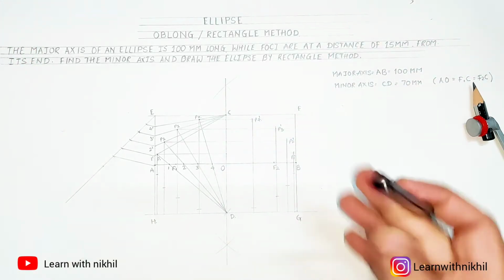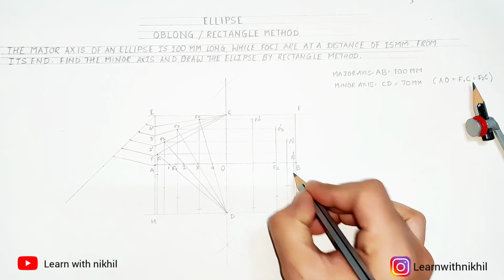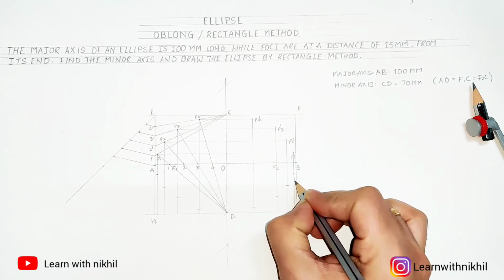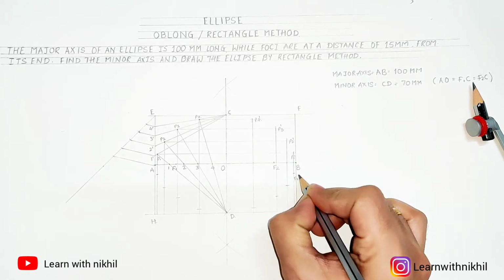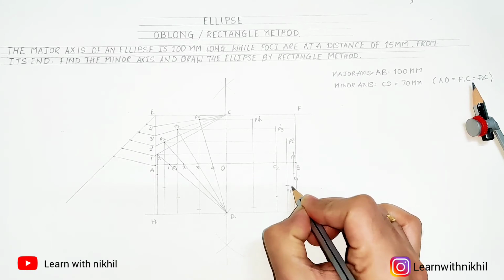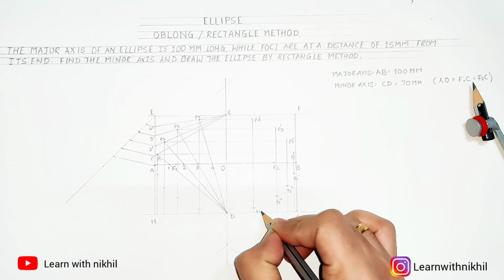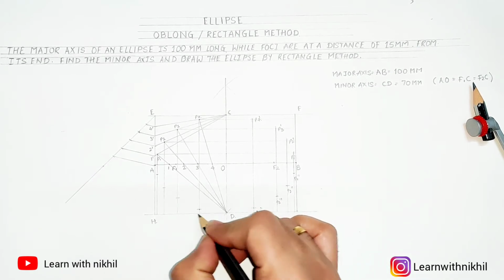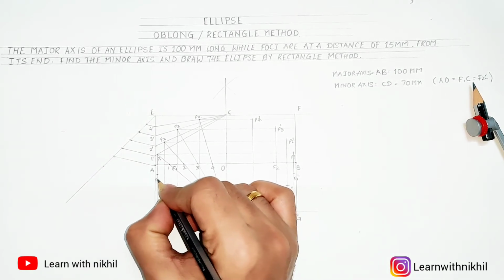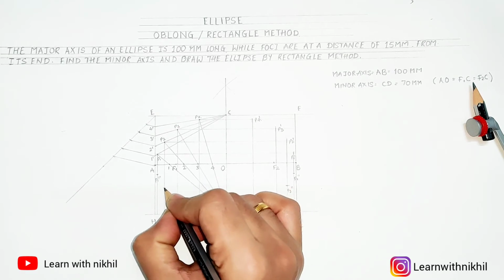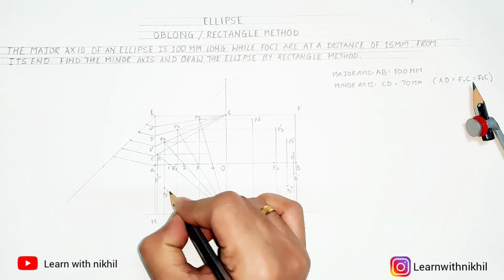So we have marked all the points. We'll just name them: P1 dash, P2 dash, P3 dash, P4 dash, P1 double dash, P2 double dash, P3 double dash, P4 double dash, and this last P1 triple dash. You can mark these points any way you want.